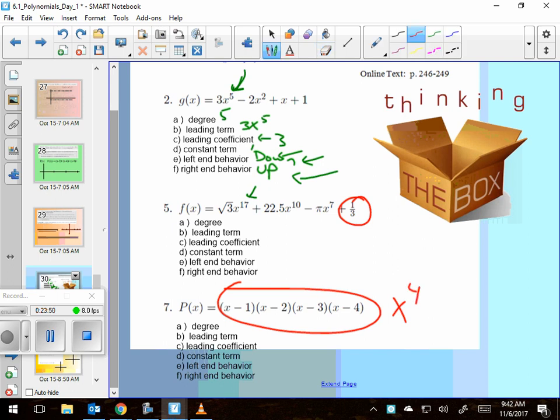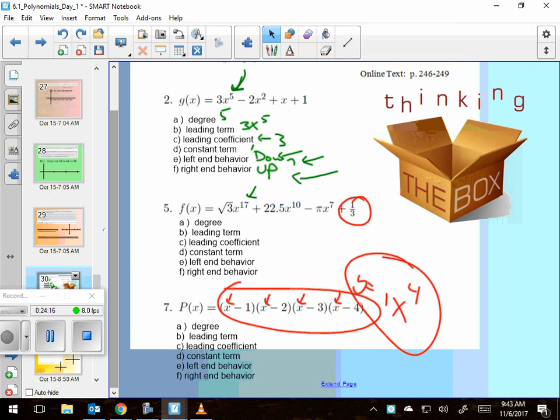Would there be a negative on that x to the 4th? It came from this times this times this times this. Does it look like there's any negatives on those? Therefore, it's positive. Its lead coefficient would be positive. And that's all you got to do is figure out the lead coefficient. Do you get if I got that? I already know both ends. All right. So do those.